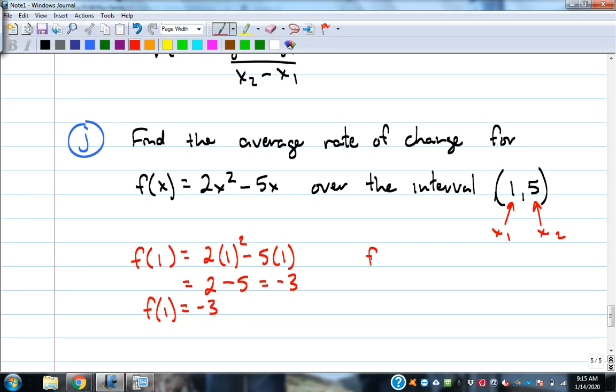And then I find f of 5. Be 2 times 25 is 50. Minus 25. 25. So f of 5.